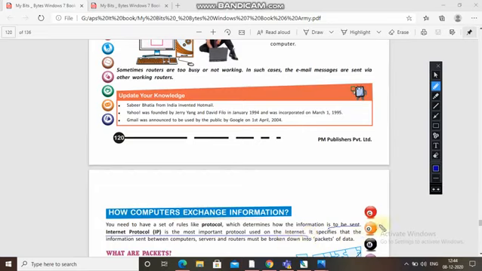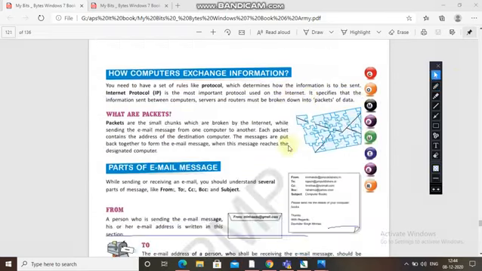So what are packets? Packets are the small chunks which are broken up by the internet. Okay, as you can see here in the picture, these are broken into small chunks. This part is a chunk made by the internet while sending an email message from one computer to another.